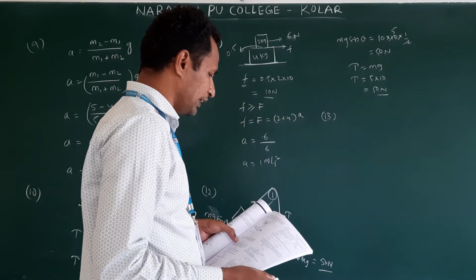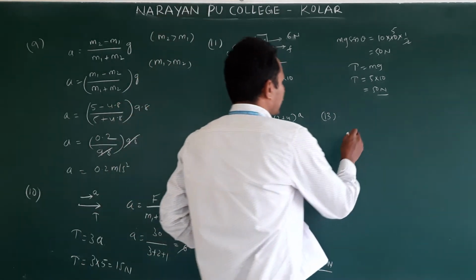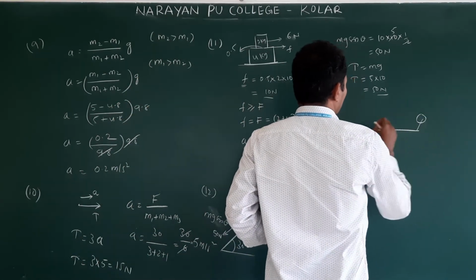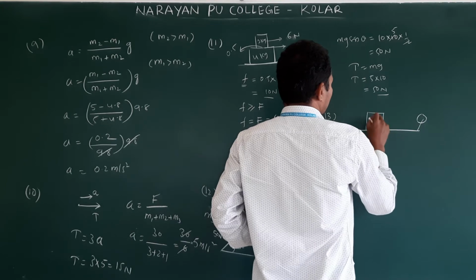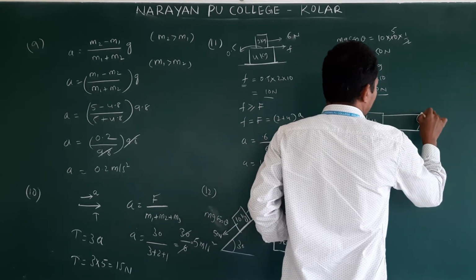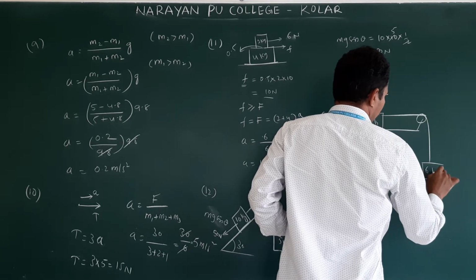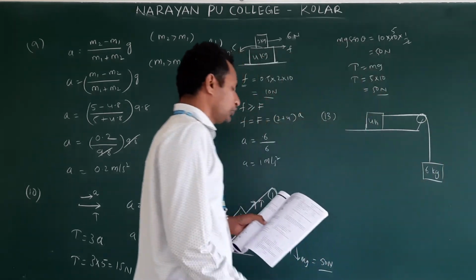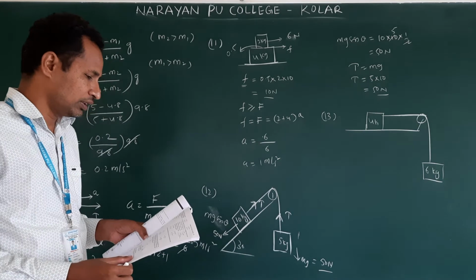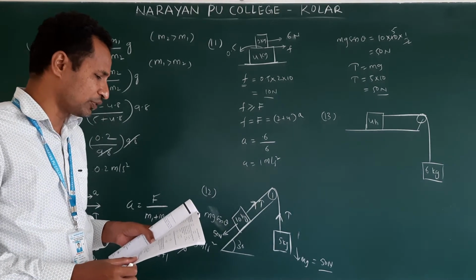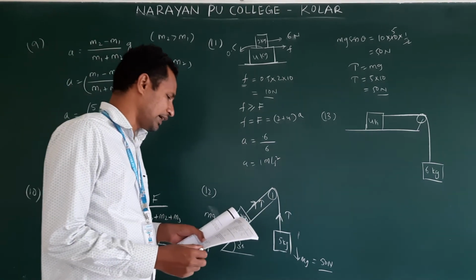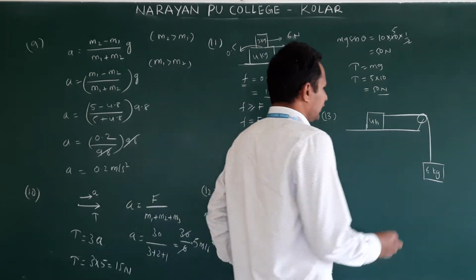A 4 kg block is lying on a smooth table, like this, 4 kg. It's connected to 6 kg using a string. They are asking the tension as well as the acceleration. Clear?